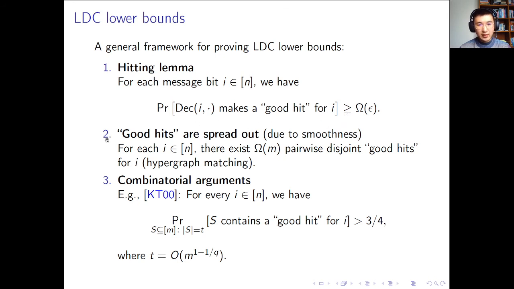Okay, and then in the second step, one can show that the good hits are spread out. And this step is possible because of the smoothness property. So for example, one can show that for each i, there exist omega m pairwise disjoint good hits for i. So you can also think of it as a hypergraph matching.